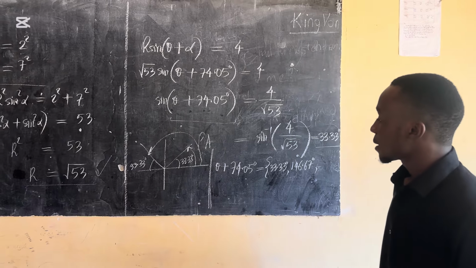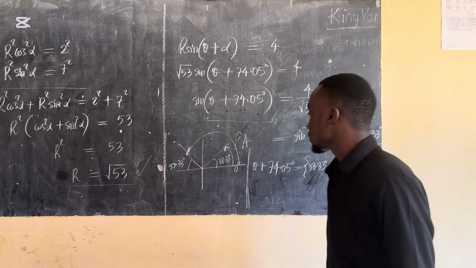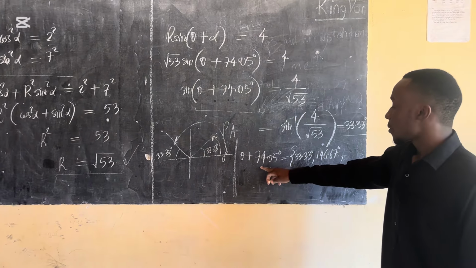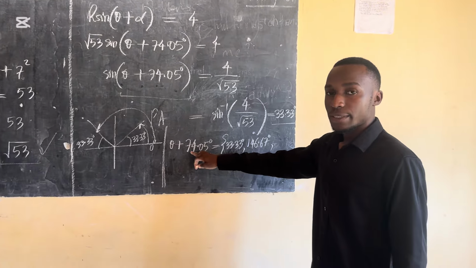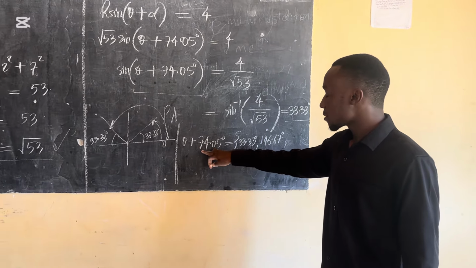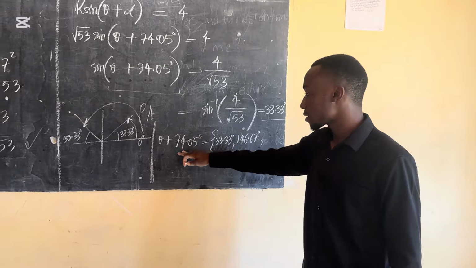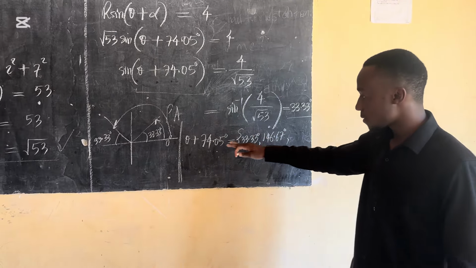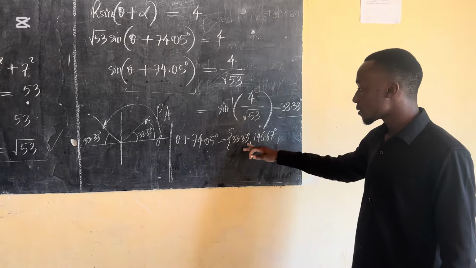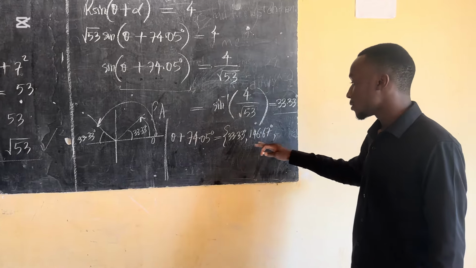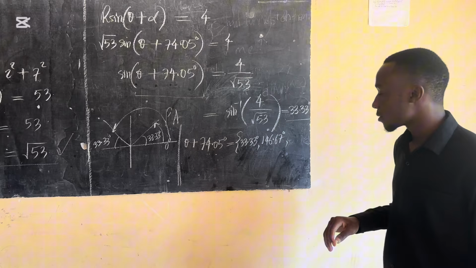But now this is from 0 degrees. We are aware that at our next stage of getting the solution, we shall subtract the 74.05 on every angle which we are getting as our solution.